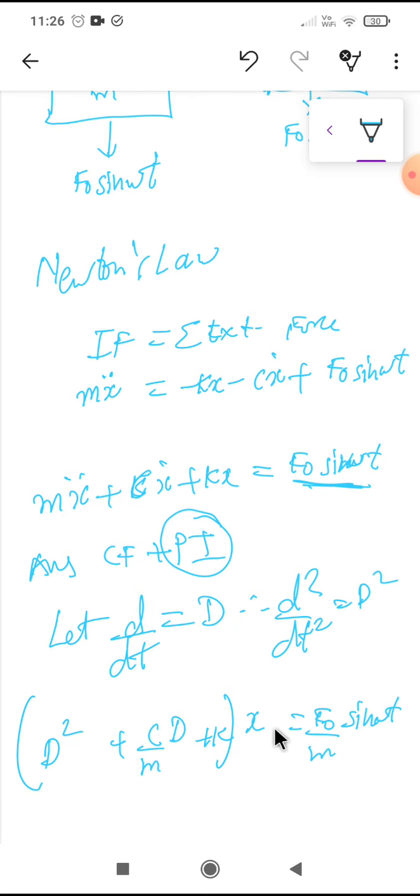Now if I make x the subject, I will get the value of x PI, that is the particular integral.